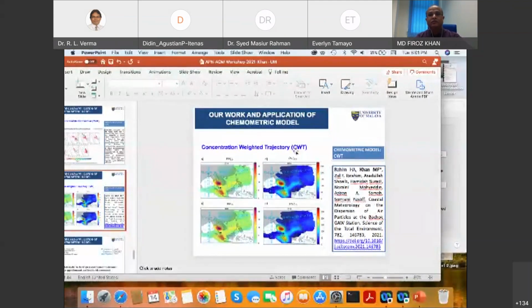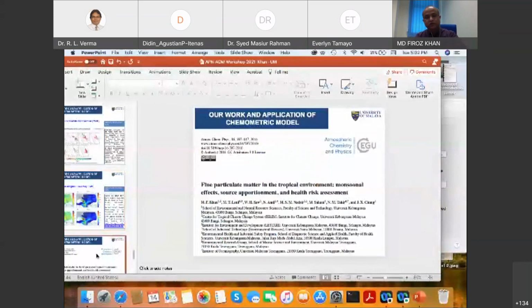The purpose is that we want to have a better explanation of our results. Exactly the same here, for PM10 or PM2.5 concentration, by using this CWT statistical function, we can explain from which direction the influence is greater, right? At the same time, for particle number concentration, we can also define from which direction the influence is greater, right? We have a latest paper by Rahim, our student. If you want, you can look into the paper to know more about how she has explained it.